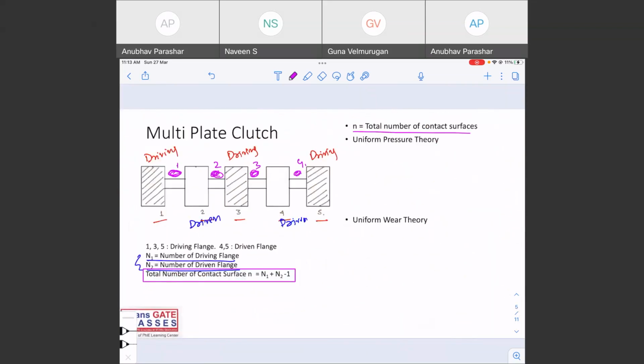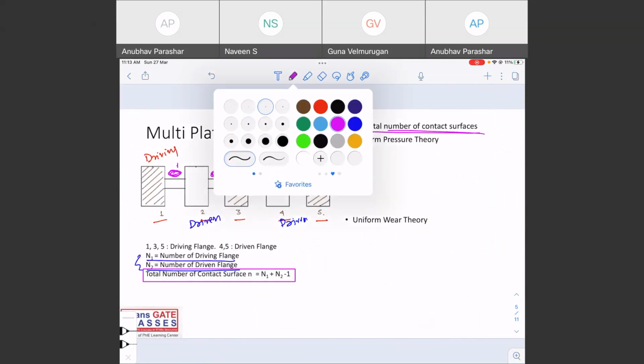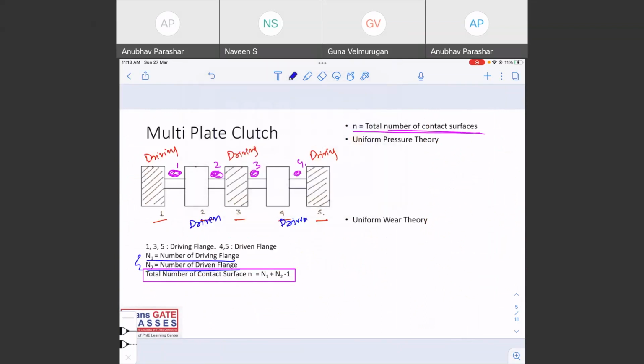So if N is equal to the total number of contact surfaces, in the uniform pressure theory all the formulas will be the same. Only the torque will become N into mu Rm W. Torque is equal to N mu Rm W. The value of Rm will be the same. Rm is equal to how much? Here R1 plus R2 divided by 2.